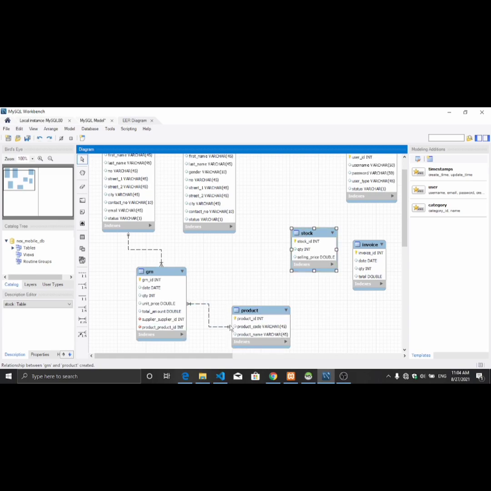So it's a one-to-many relationship. The one side is the stock and the many side is the product. We can draw the relationship in this way. So the relationship between the product table and stock table is one-to-many.